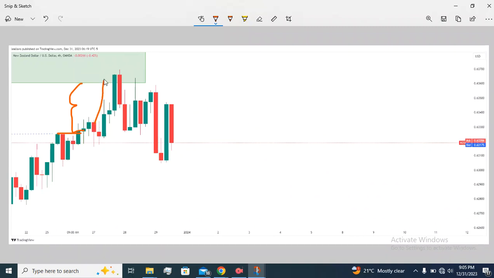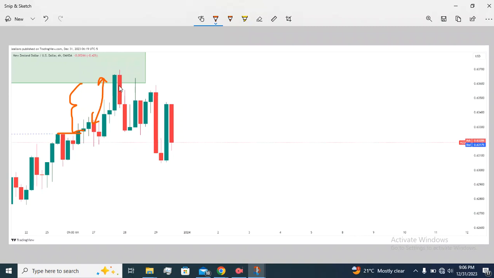When you see very big bullish candles in the case of a bullish market, the market moves quickly towards that direction. You see them moving with a bigger momentum, then dropping with a bigger momentum. That shows that the market is now ready to reverse. Wait for these bigger candles to form.